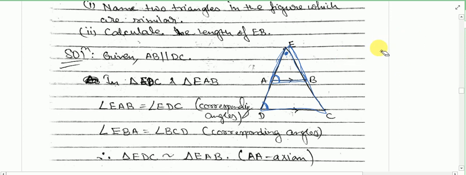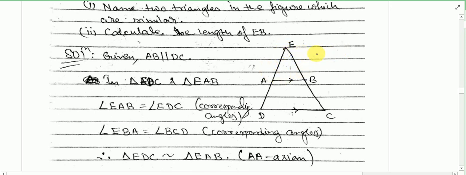So the first answer is this, and once these two are similar, then corresponding sides are going to be proportional. So here in the numerator I will write the sides of EAB first.